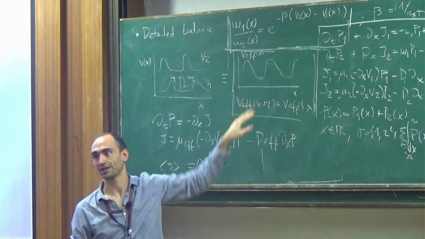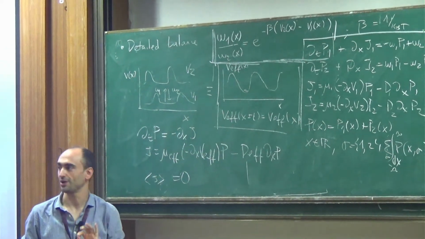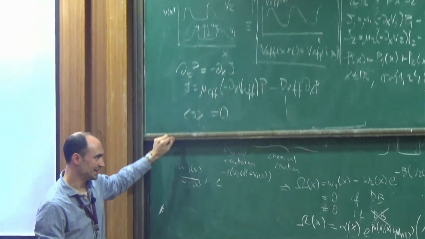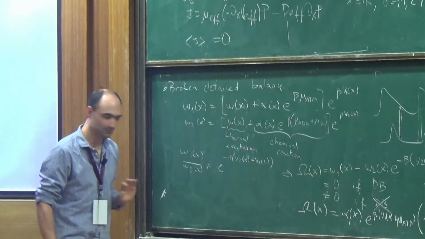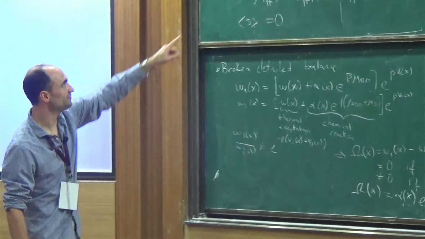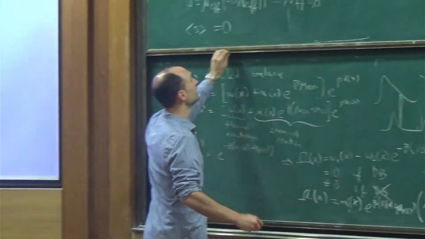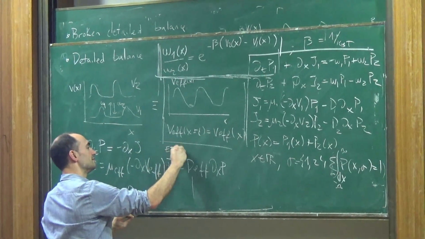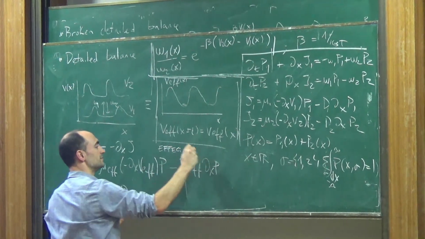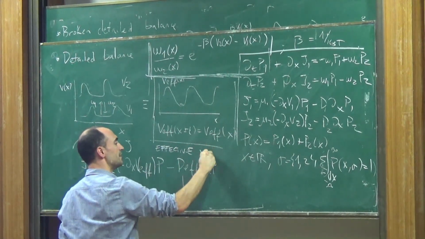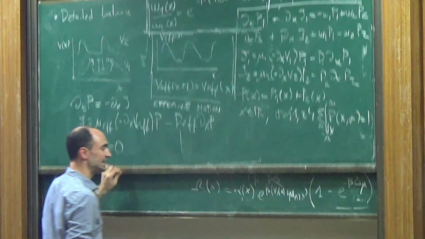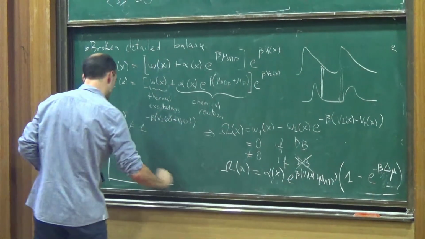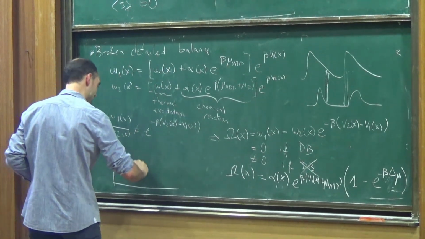So you will have to do the calculation for generic omega 1 and omega 2. But you can show after a couple of pages of calculation that the effective motion, like the one I explained here, will result in a diffusion in a potential that is now, however, tilted.